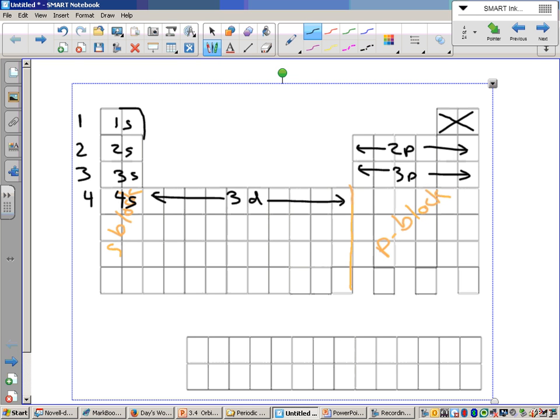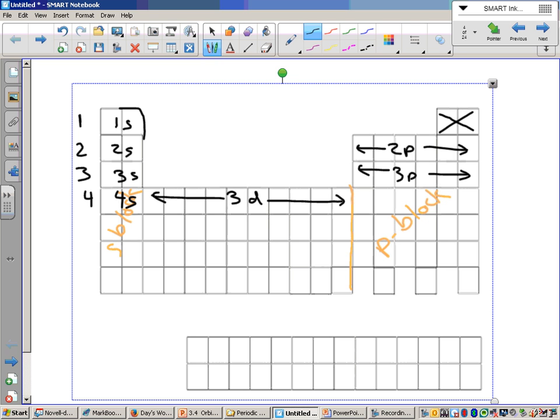That's a lot easier than that funny cutting across business. So now if you use the periodic table, you've got 1s, 2s, 2p, 3s, 3p, 4s. I'm in the d block, 3d is being filled next. I'm back to the p block, and it doesn't lag behind the period number.